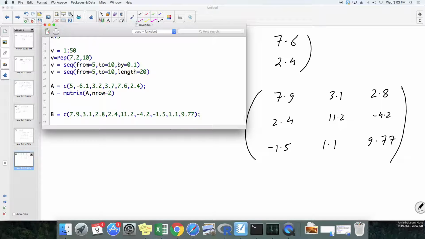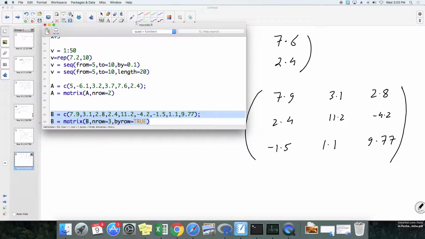And then let me convert B to a matrix. B equal to matrix B, number of rows is 3. Up to now everything is same, but because we have entered the values row by row, I have to say by row equal to true, and this TRUE should be in capitals.